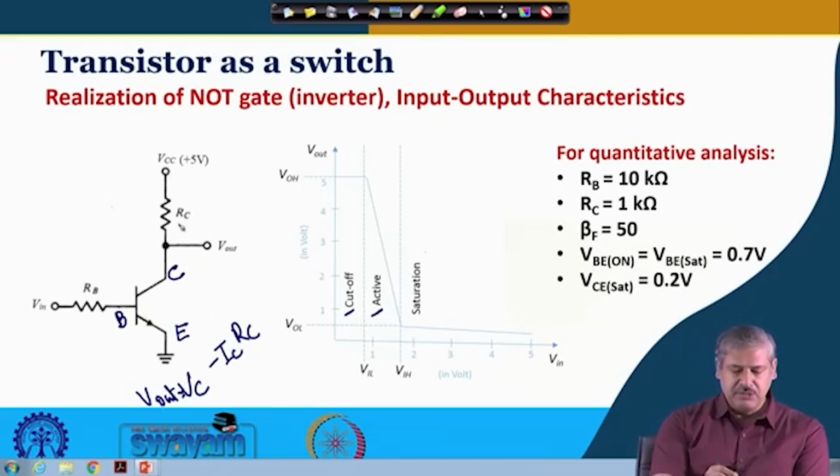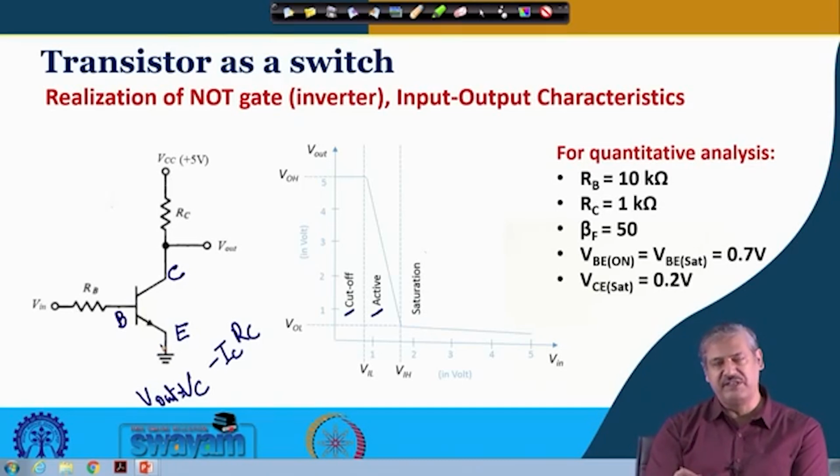Now the input voltage is increasing, so IB is increasing, and accordingly IC is increasing; beta IB is the IC value in the active region. This will continue till it enters the next stage, what is known as saturation, when both the base collector and base emitter junctions are forward biased.